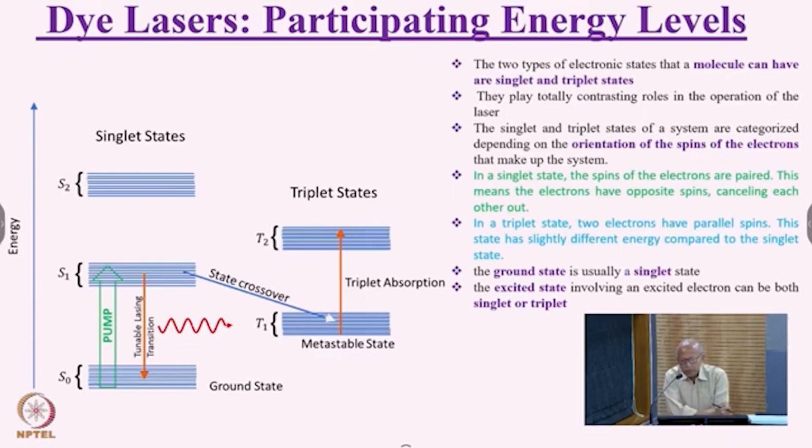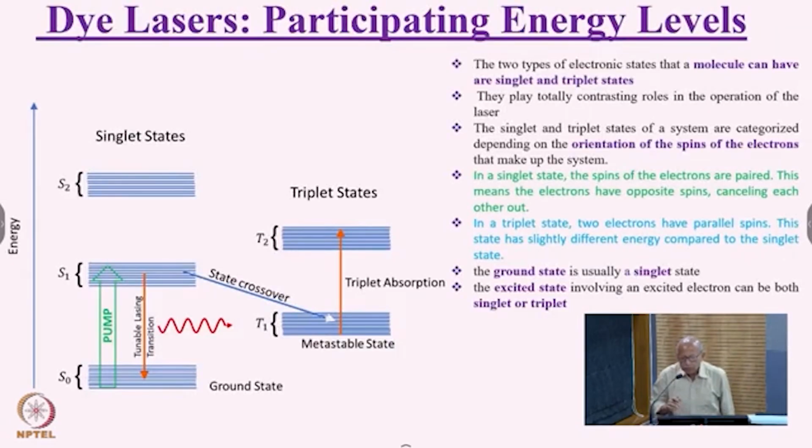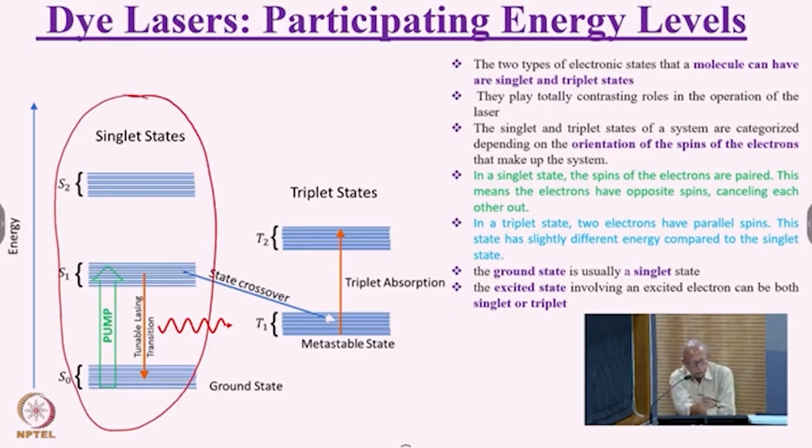In this class, let us try to gain an insight into the working of such a continuously tunable dye laser. A few low-lying energy levels have been shown here for both ground as well as excited electronic states of a dye molecule that participate in the lasing process.